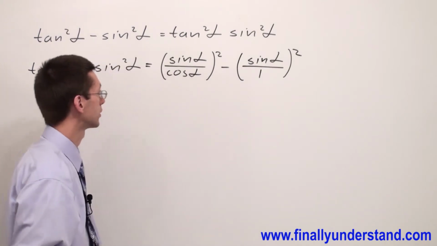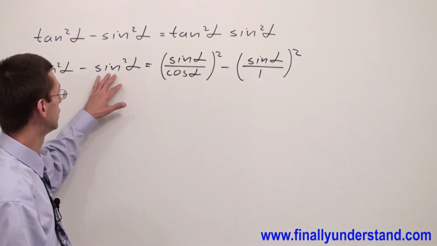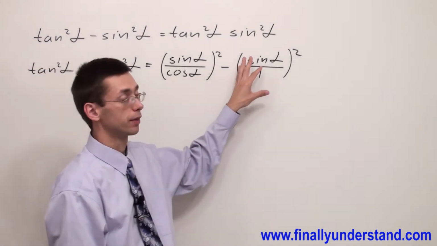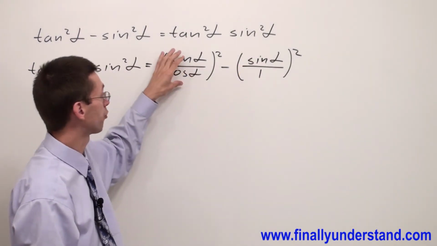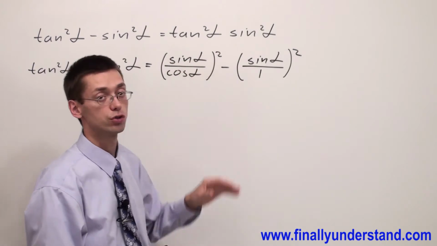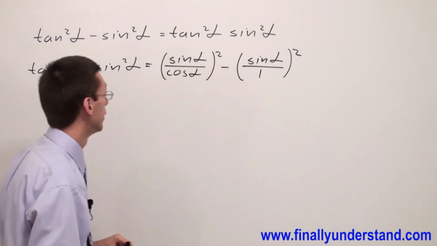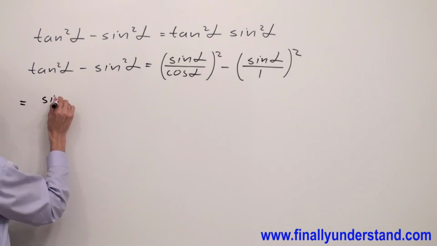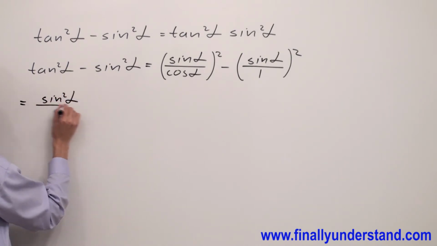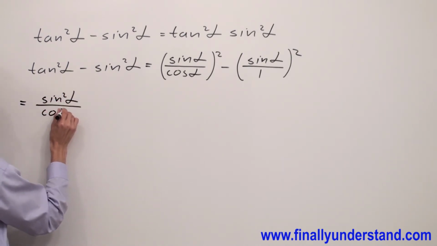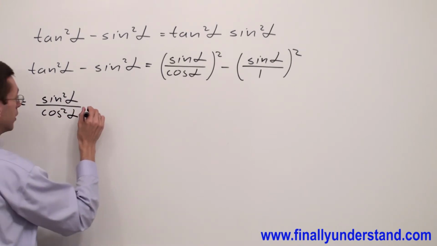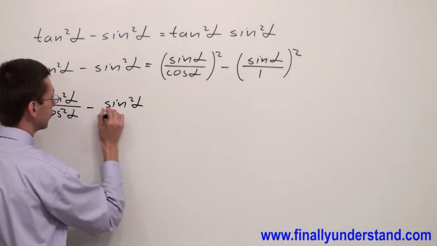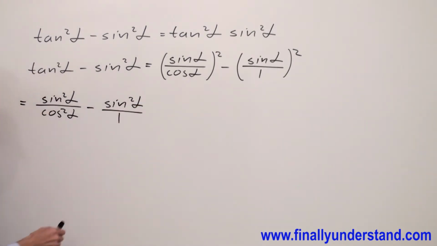Someone is going to ask, why did I convert this sine square alpha to the fraction? Because I have a fraction over here. I'm going to subtract fractions. So I can rewrite this as sine square alpha over cosine square alpha minus sine square alpha over 1.